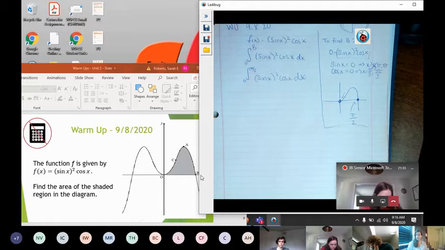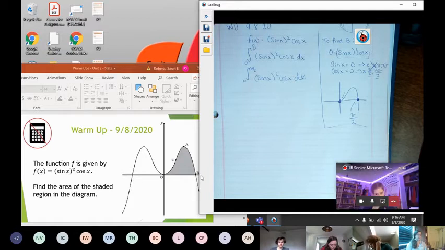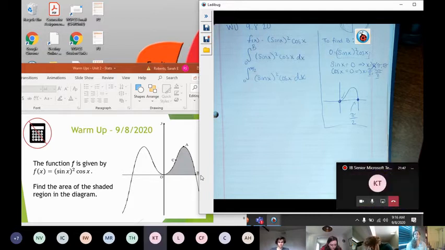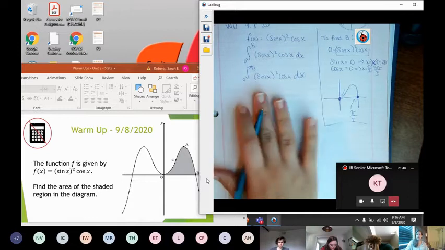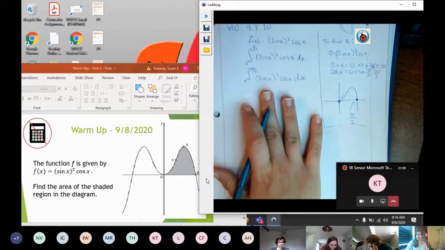Yes. All right, so can you help me actually integrate this? What method am I going to use? We have a specific type of function right here. It's specifically a composite function where we have one function inside of another.